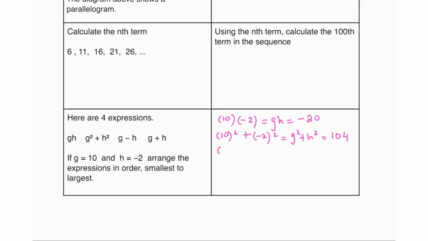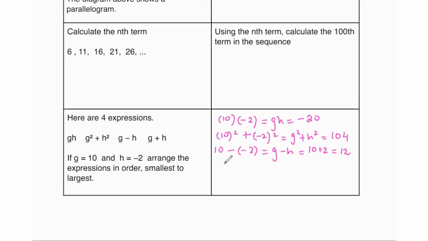Then 10 minus -2, which is G minus H. When a negative integer is being subtracted from a positive integer, what happens is that they become added. So that's going to be 12.